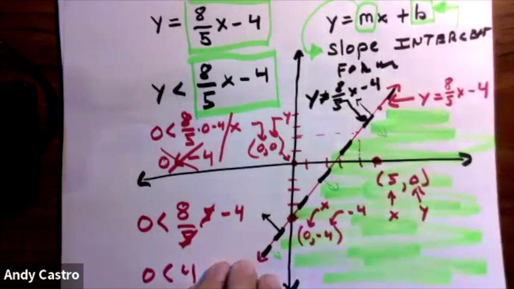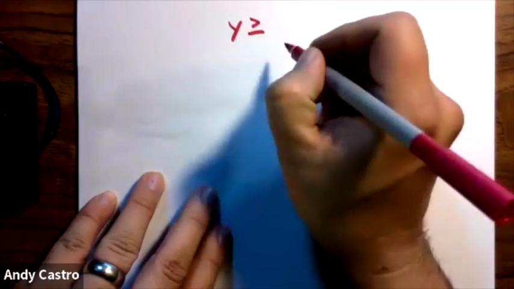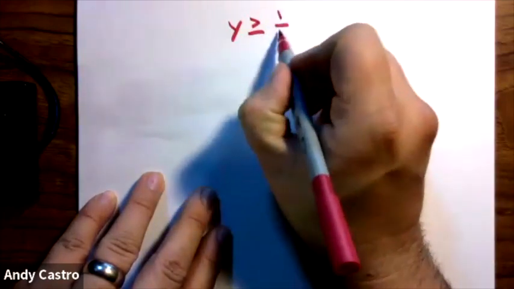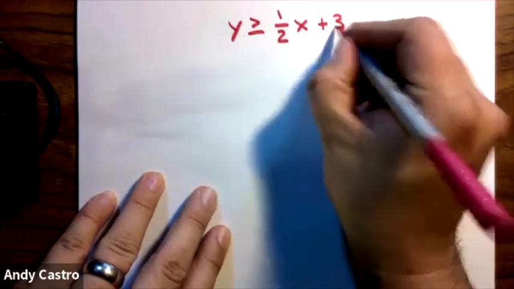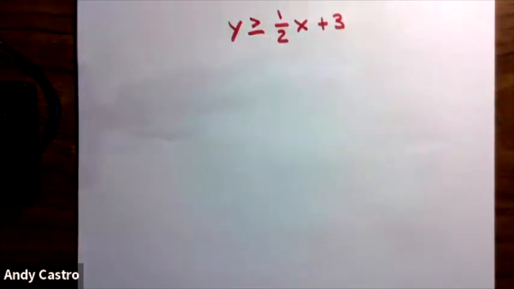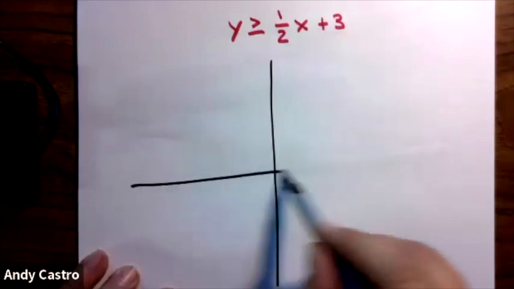So let's look at another one just like that. Different numbers, but essentially the same idea. Let's look at the inequality, I'm sorry, y is greater than or equal to 1/2 x plus 3. Okay? So we are going to graph this.